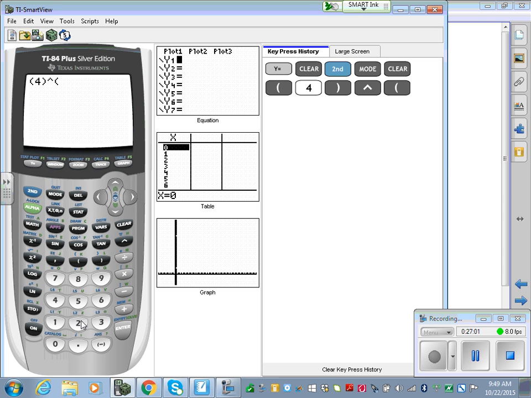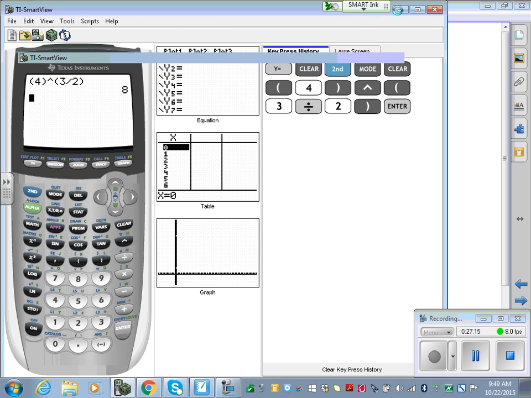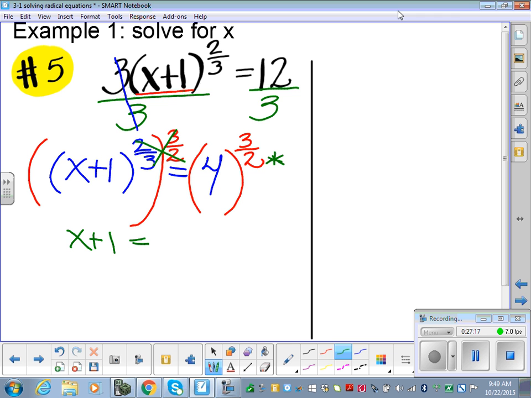It was the 3/2 power, right? So 3 divided by 2. That gives 8. Now your calculator is only going to give you the positive root, but we know we have to account for the plus and minus root. So the answer is 8, and we've got to put plus and minus 8.